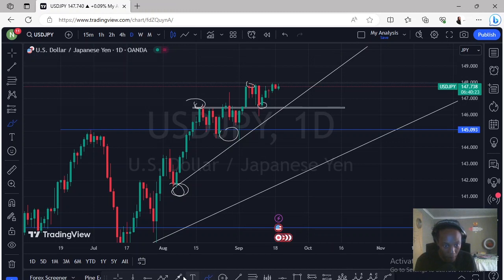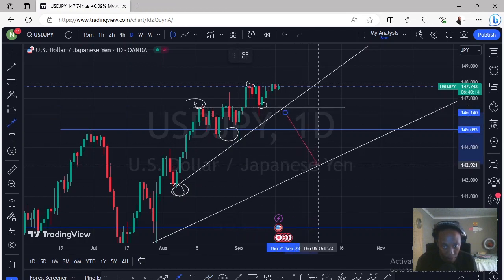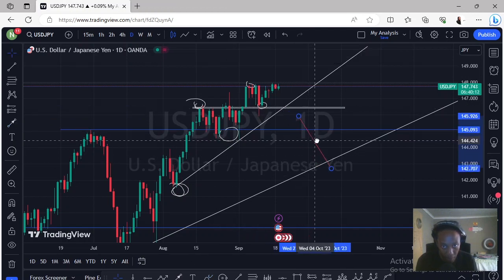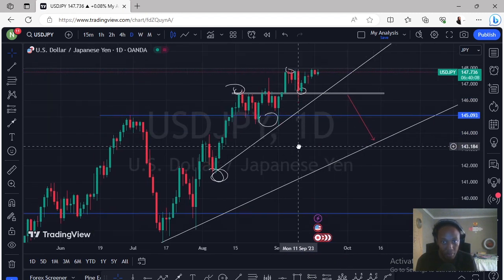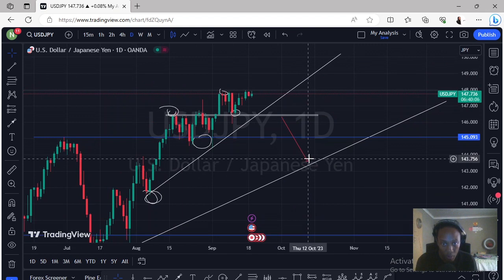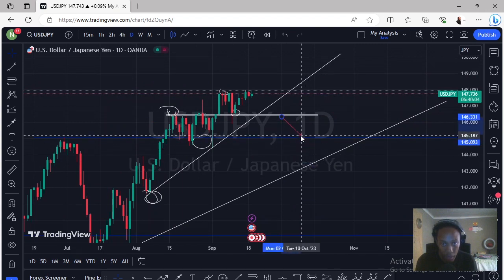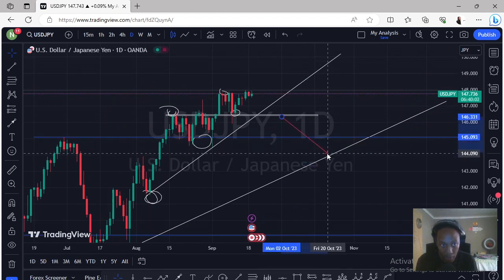If we break both of these, we come into this area over here. If we break, definitely coming here. Our first TP would be this area, second one this area.